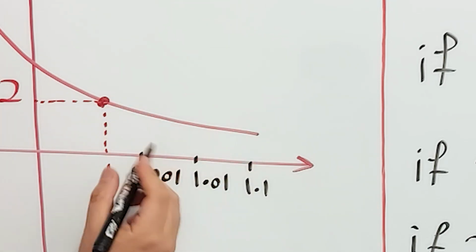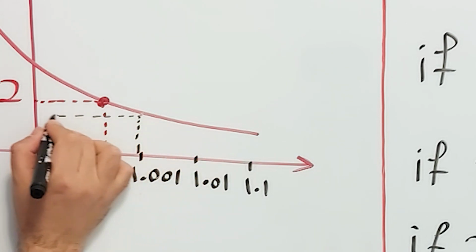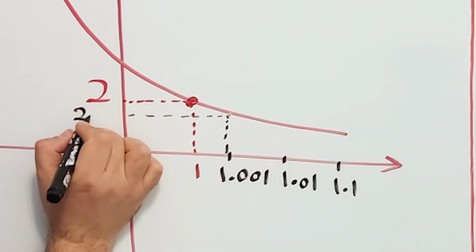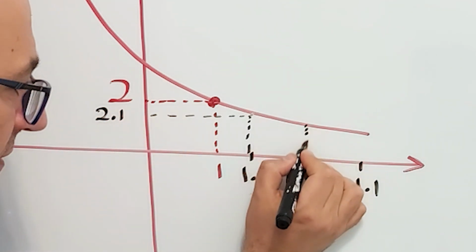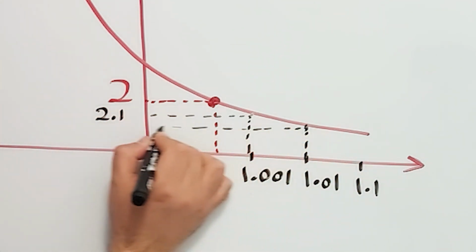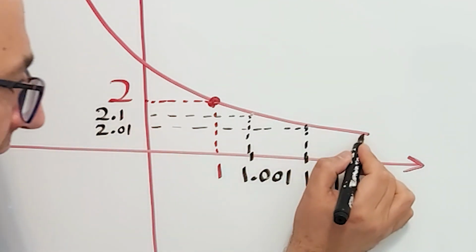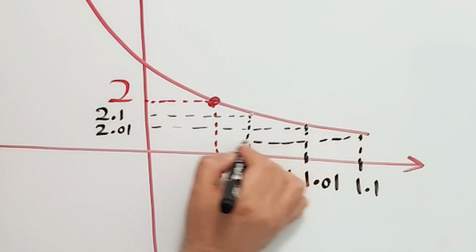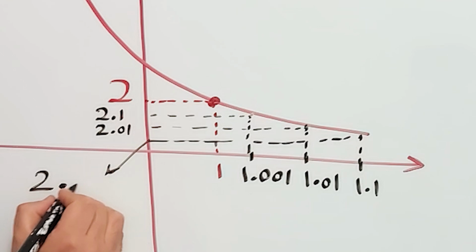Okay, for example here is 2.1, here is 2.01, and here is 2.001.